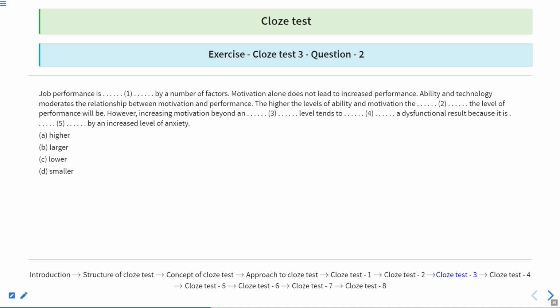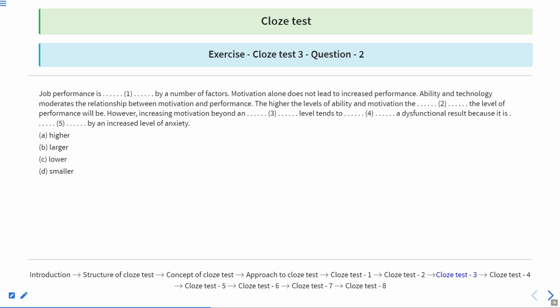Job performance is affected by a number of factors. Motivation alone does not lead to increased performance. Ability and technology moderates the relationship between motivation and performance. The higher the levels of ability and motivation, the dash level of performance will be. Will it be higher, larger, lower, or smaller?